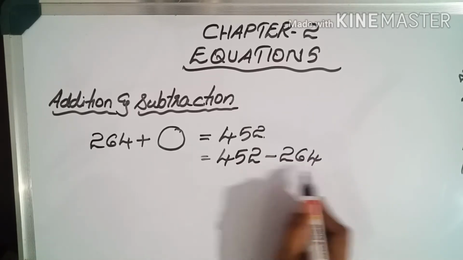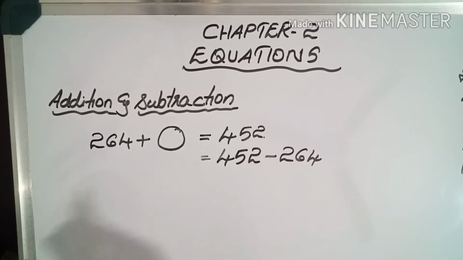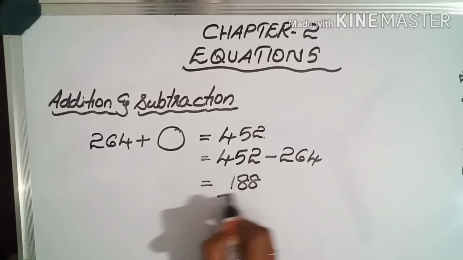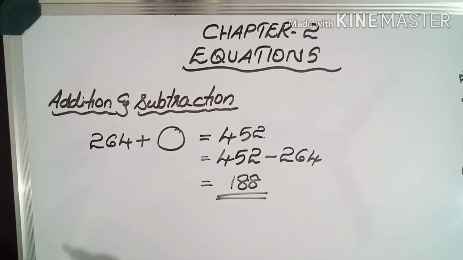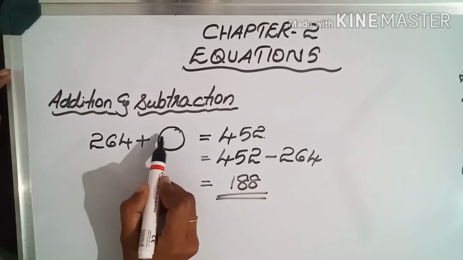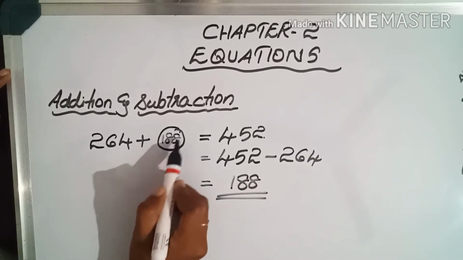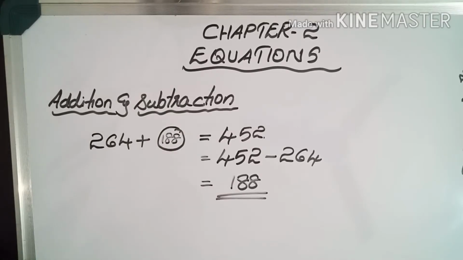Just by subtracting this we will get the answer. 188. Okay, when you subtract this, you will get the answer as 188. So the number here in this position will be 188. 188, when we add to 264, we will get the answer as 452.